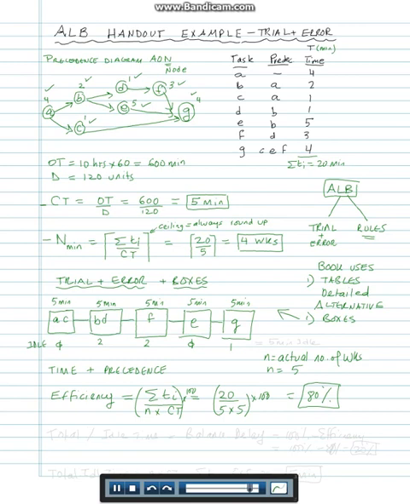The complement of that, we call it total percent idle time, or another name for it is balance delay. And that would be 100% minus efficiency. So that would be 100% minus 80%, which is 20%. So my balance delay is 20%.